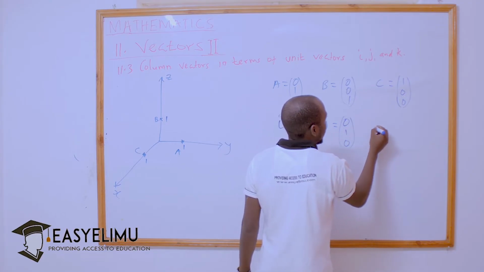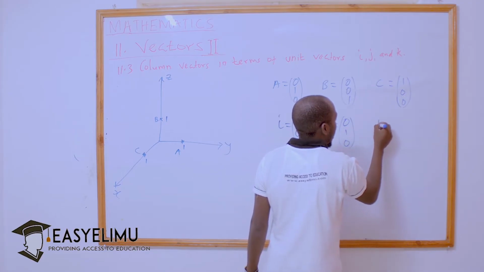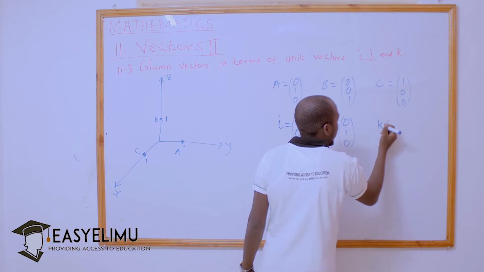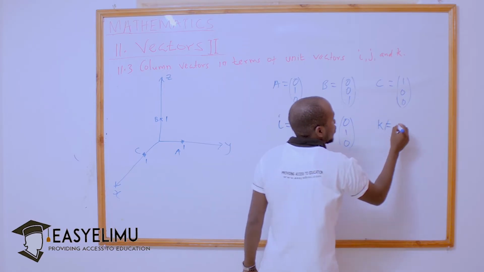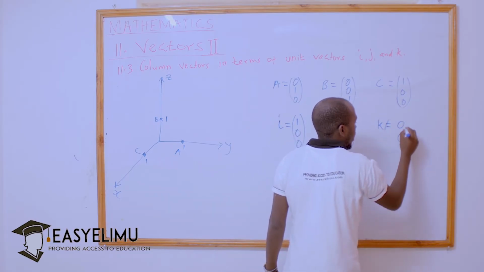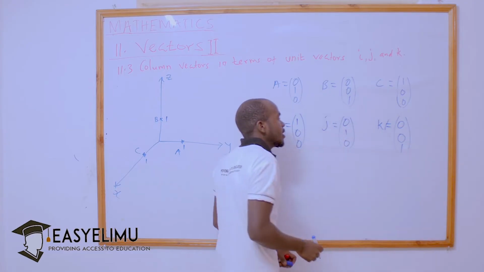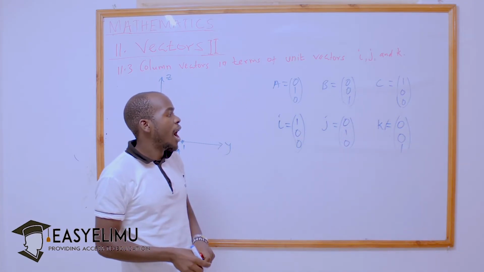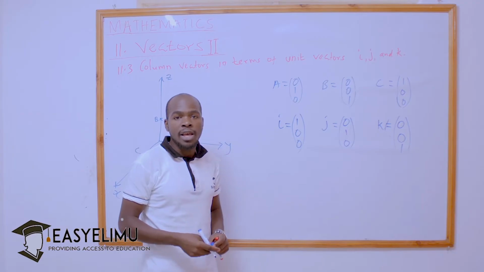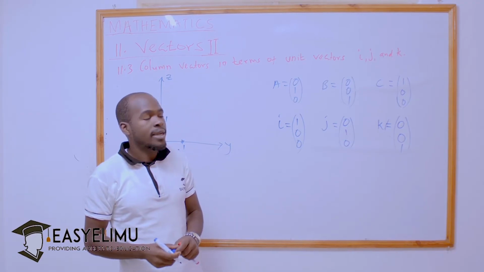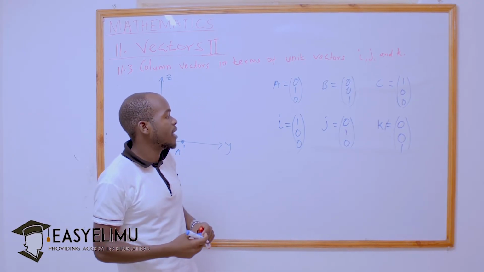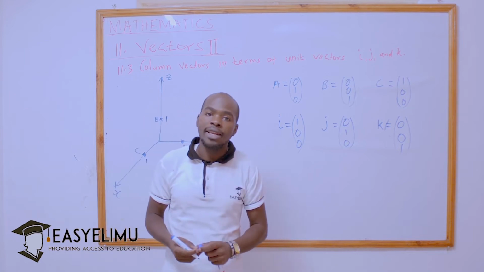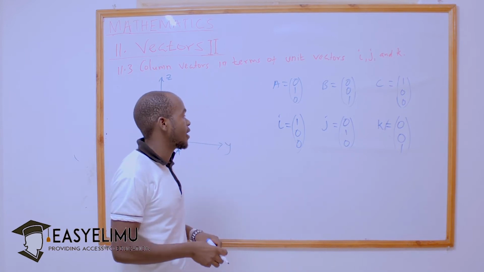For the z direction we shall have k, so k is equal to 0, 0, 1. That is how we represent them as unit vectors in x, y, z direction, represented by i, j, and k in their respective directions.